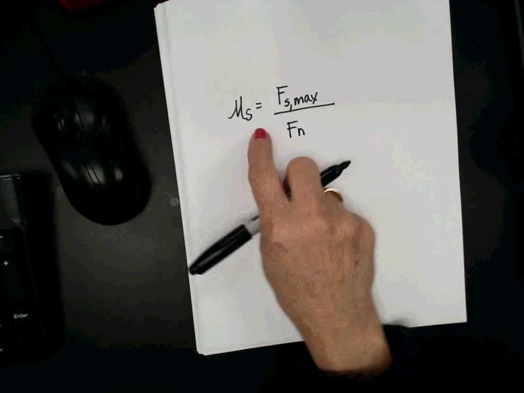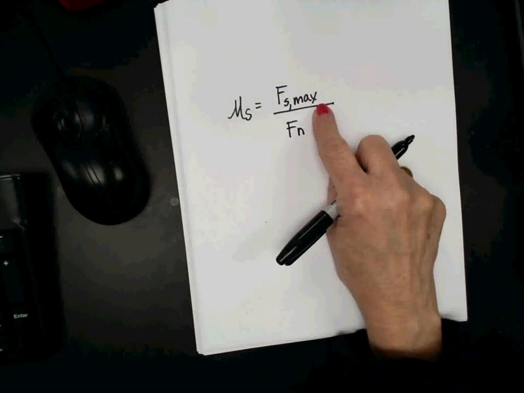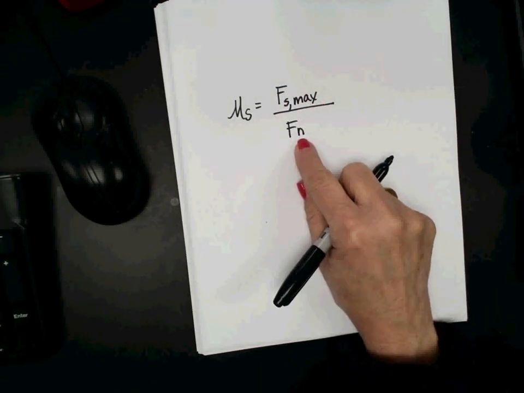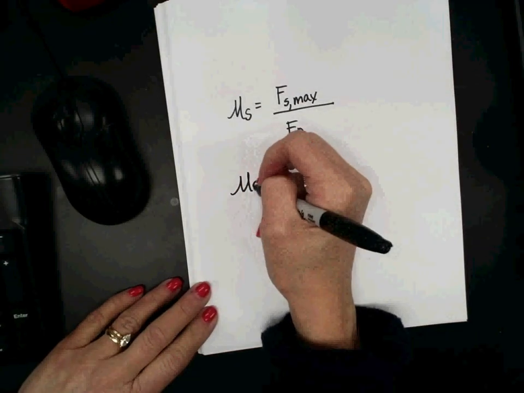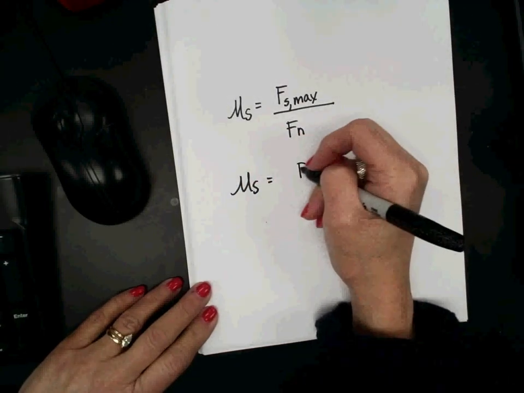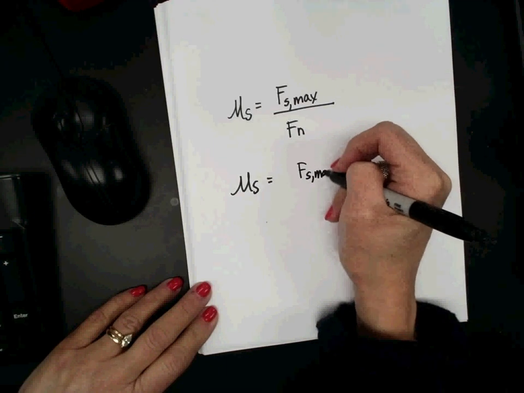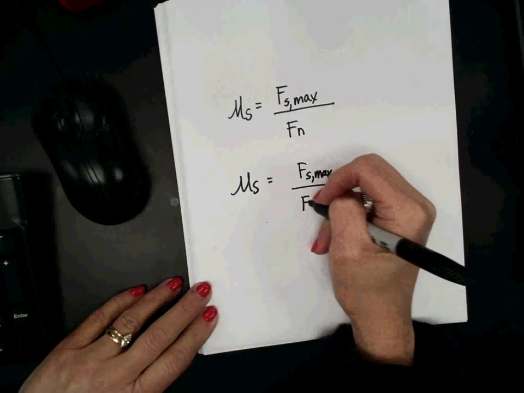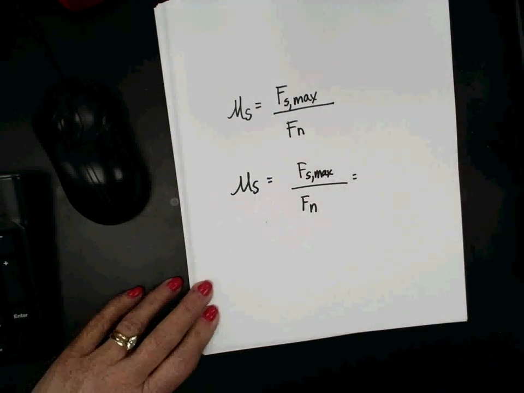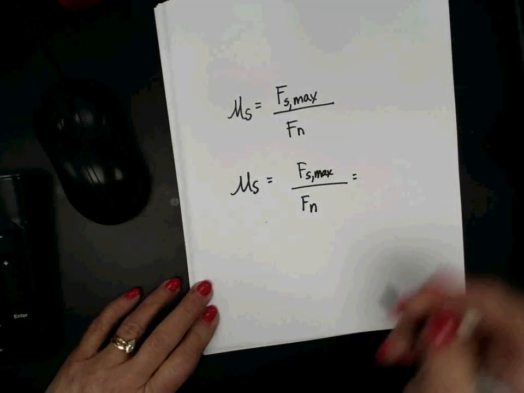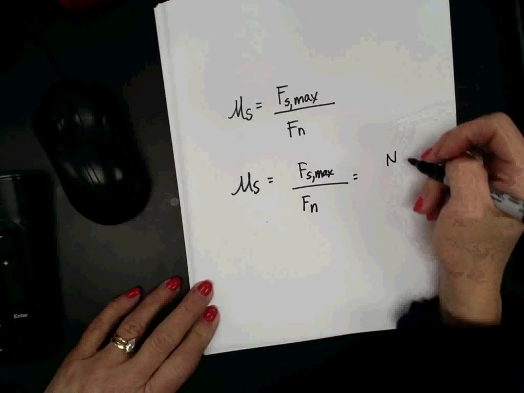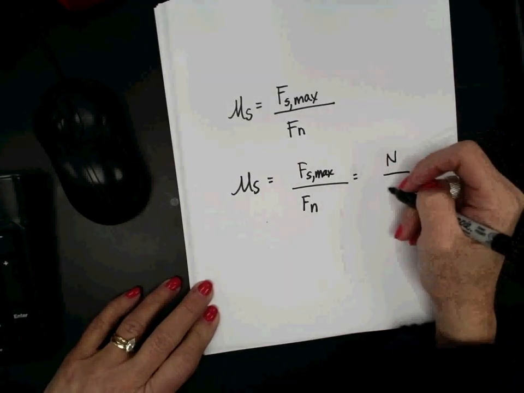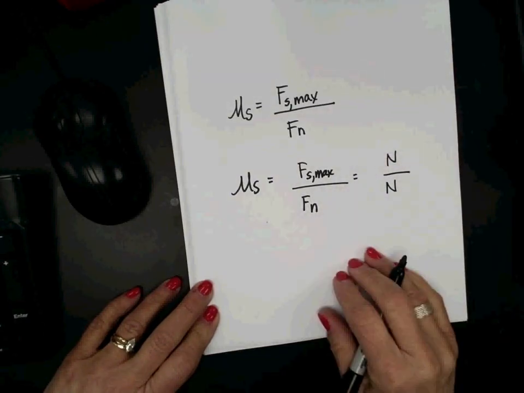So I have three different variables here. The coefficient of friction is equal to the force of static friction at its maximum over the normal force. If I think about it in terms of units on the coefficient of friction, Fs max is a force, so it's going to be in newtons. Fn is a force, so it's going to be in newtons.